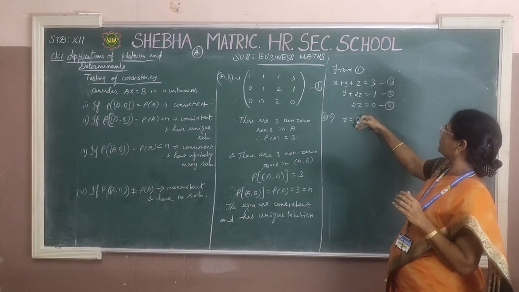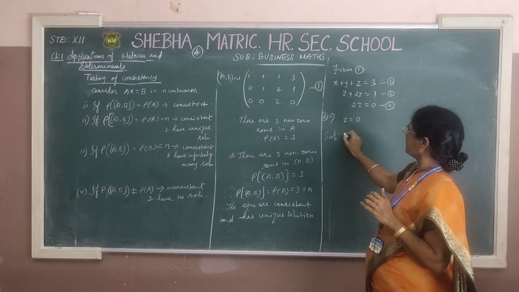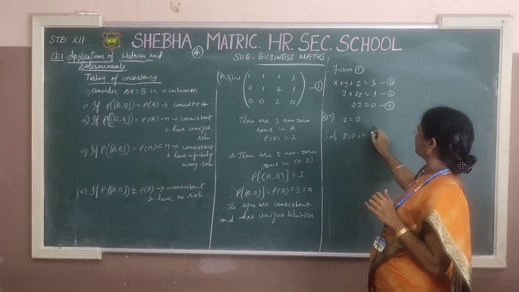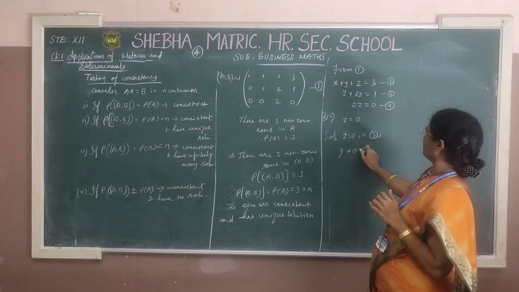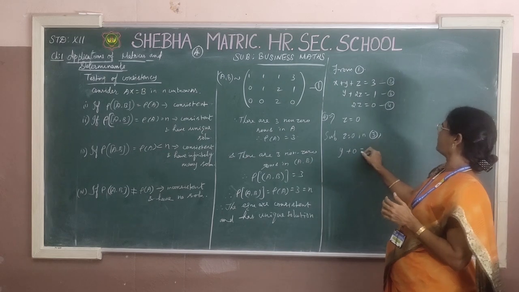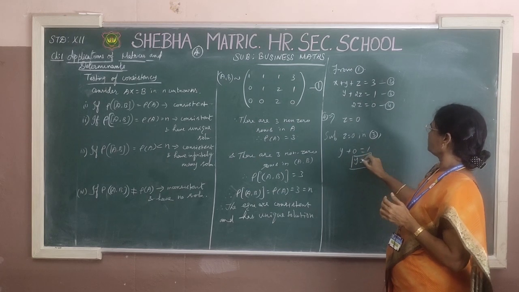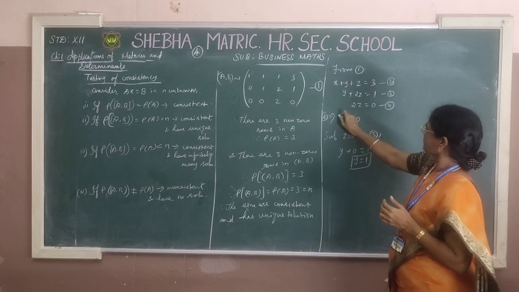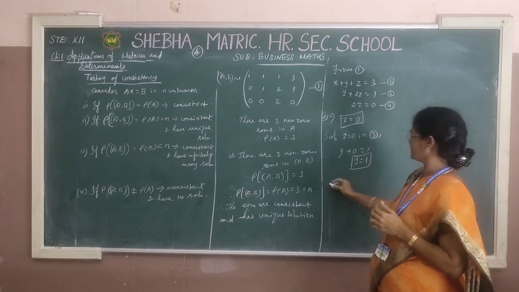Using this z value, we find y from equation 3. Substituting z equal to 0 in the third equation, we get y plus 0 equal to 1, so y equal to 1. Using these two, we get the x value from the second equation.